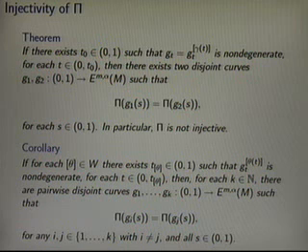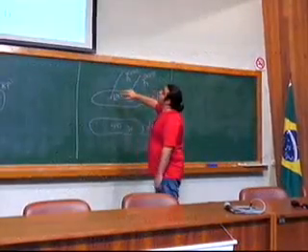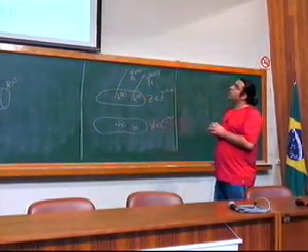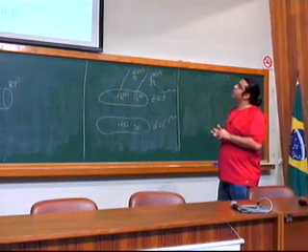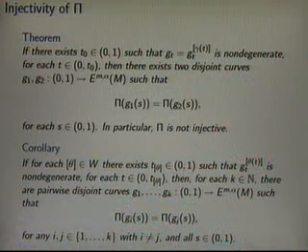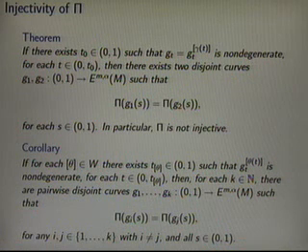So the second result that I got was this one. With some hypothesis, you have that injectivity fails. So if there is T0 in (0, 1) such that G_T, this G_T here is non-degenerate, for each T in (0, T0), then you can find disjoint curves with the same conformal infinity.